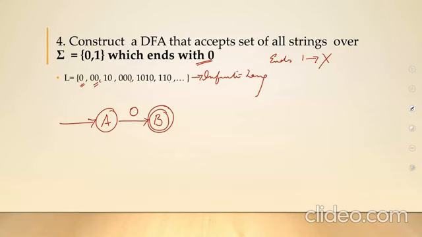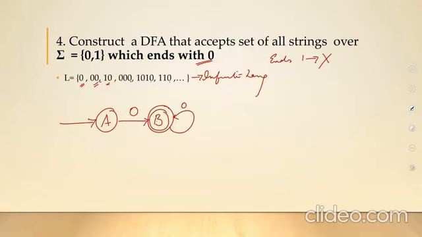I reached over here, I encounter another 0, it should be satisfied. So I can write over here 0, 0. So 0, 0 is also satisfied. Now next I want to have 1, 0, which means I start over here and I need to get a 1, 0.